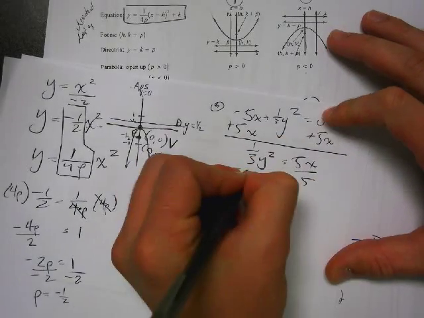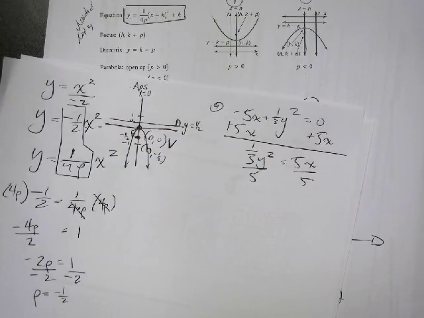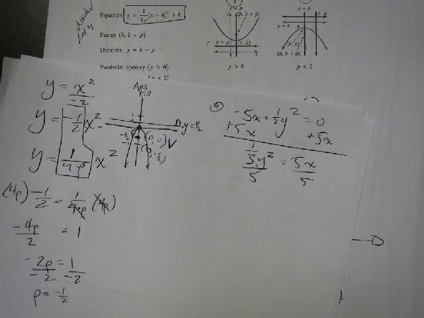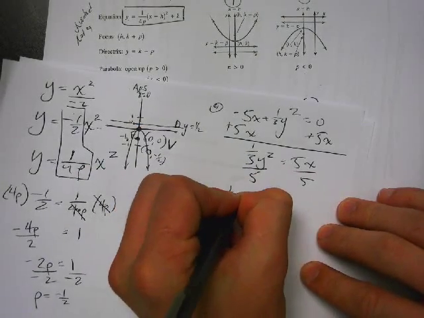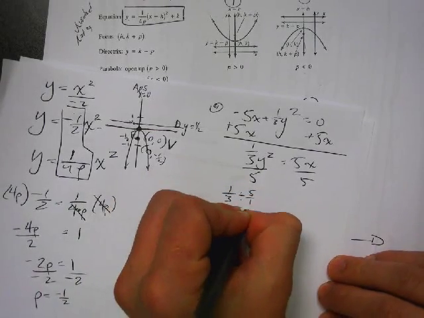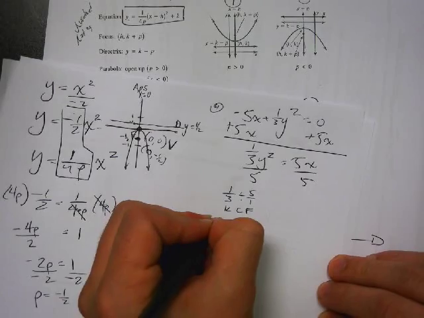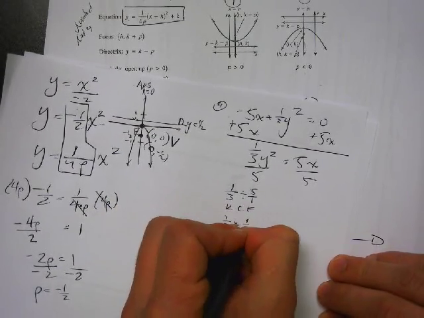Let's divide through by 5. We now have 1/3 divided by 5, which we're going to keep, change, and flip. We'll keep the 1/3. We'll change that to multiplication. We'll flip the fraction.